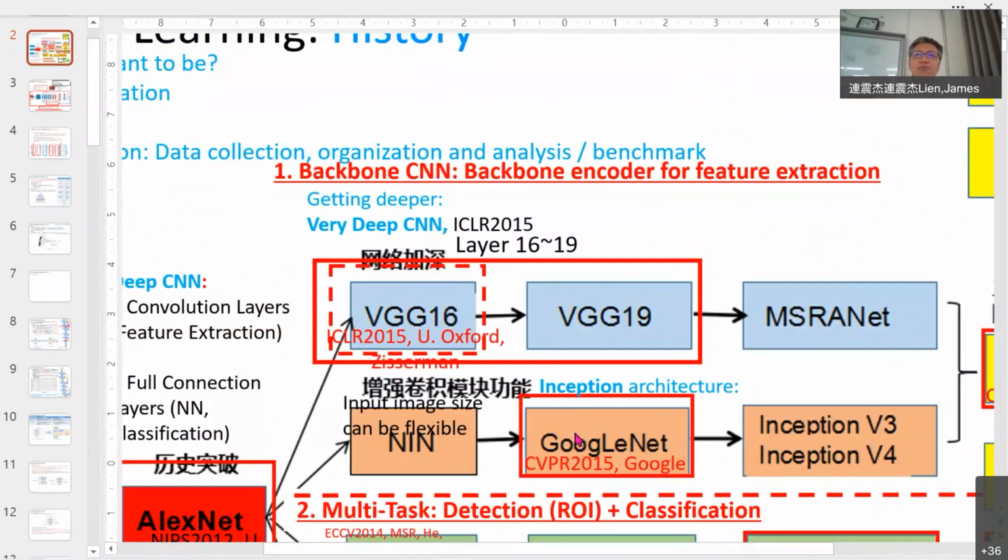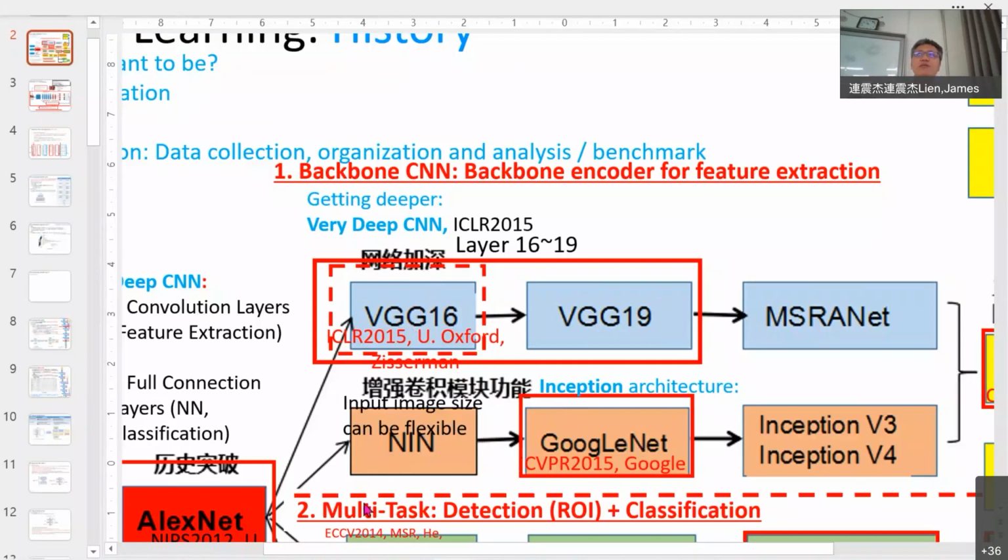VGG says AlexNet is not deep enough, so they go very deep.